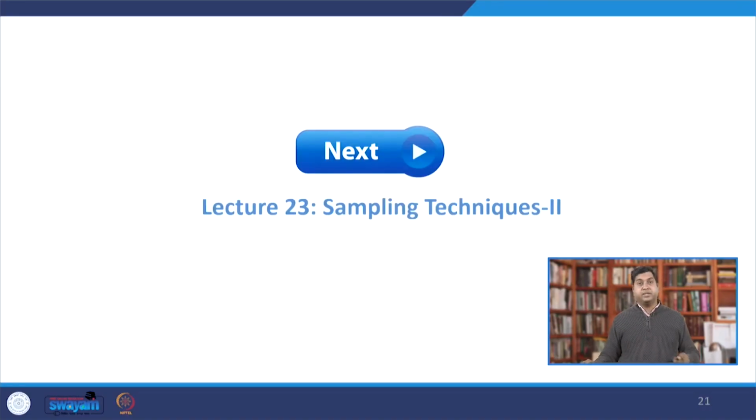So with that we conclude here, and we'll be discussing this in the next lecture, lecture number 23, which is sampling technique part 2, where we'll be discussing the importance of probabilistic sampling, the types of probabilistic sampling, and again the way we have done this pictorially with certain examples.